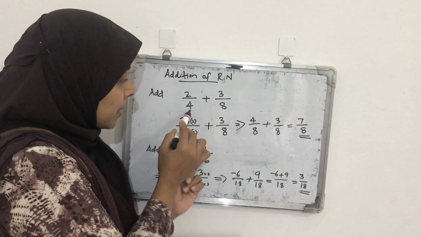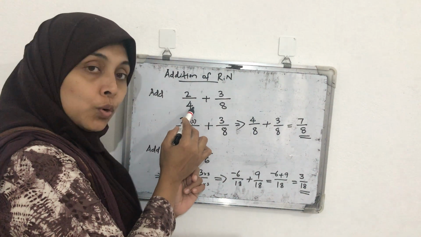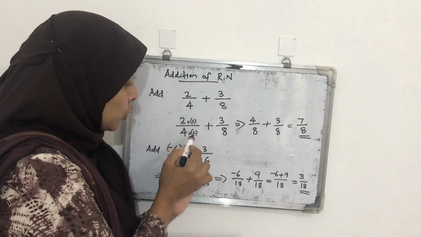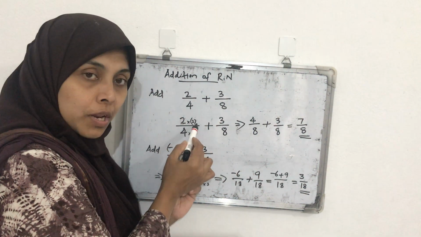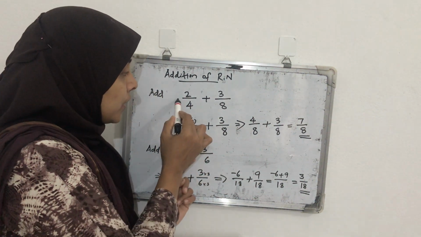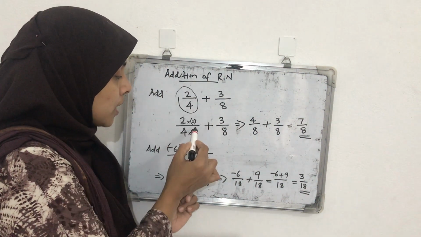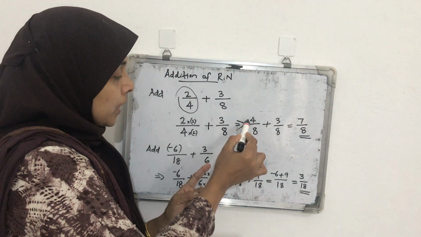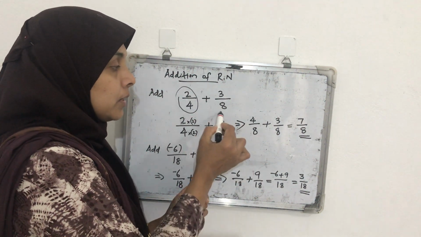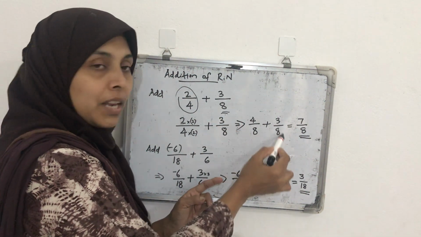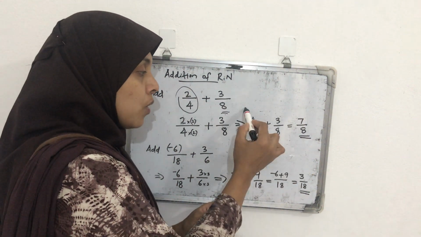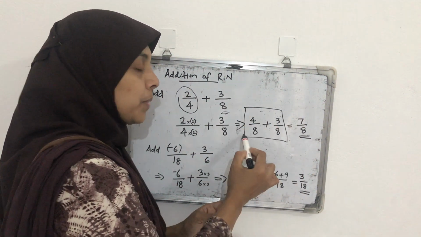For that here we are multiplying 4 into 2, then we will get 8. The same we are multiplying in the numerator also. We will get the equivalent rational of 2 by 4 as 4 by 8. Then write the second rational the same as 3 by 8. Then add.